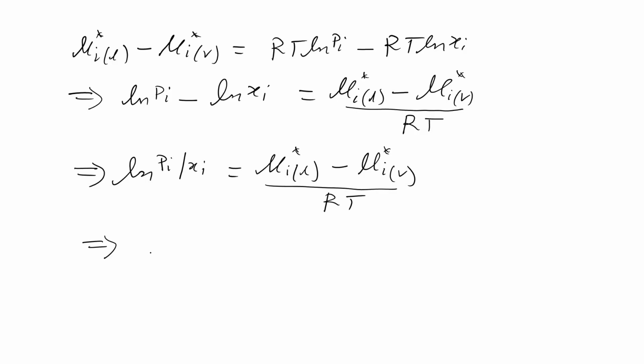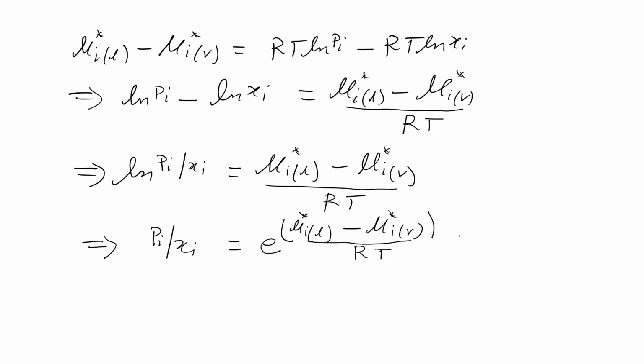I can write that Pi by xi is equal to e to the power mu I liquid phase under standard condition minus mu I vapor phase under standard condition divided by RT, and that is equal to a constant, because chemical potential in the standard state is constant, R is constant, T is constant.